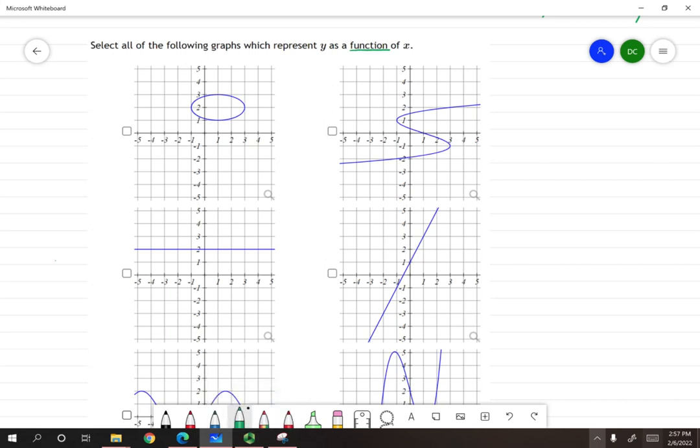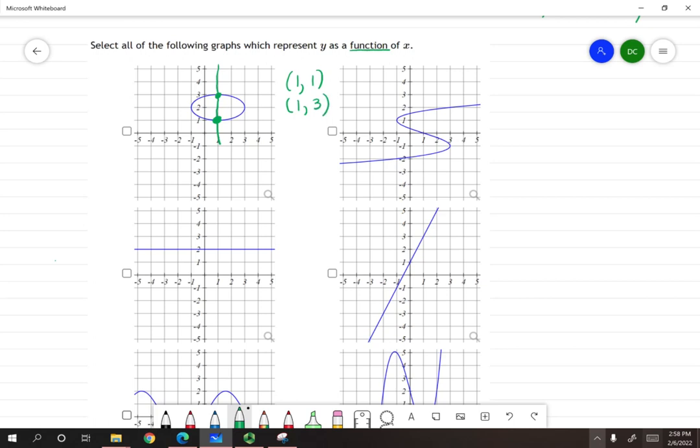So let's look at this example, this top graph. If I were to draw a vertical line, say right here, then I have 2 points on the graph. The 2 points are when x is 1, y is 1, that's this point right here, and the other point is 1, 3.